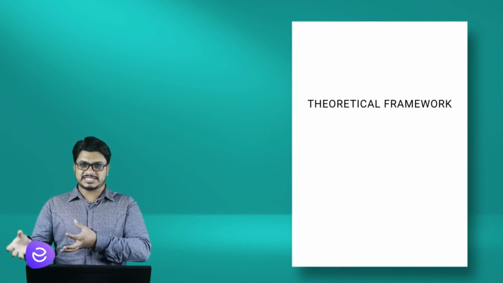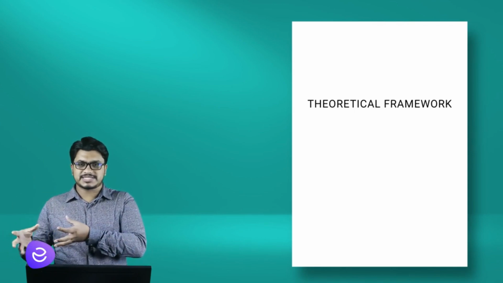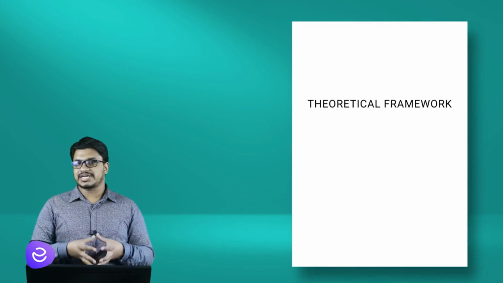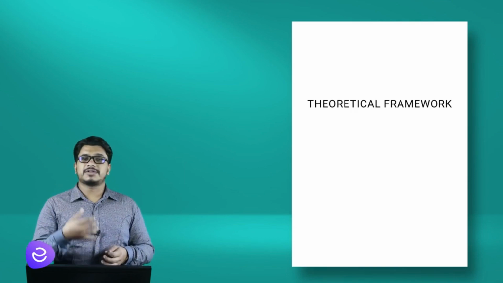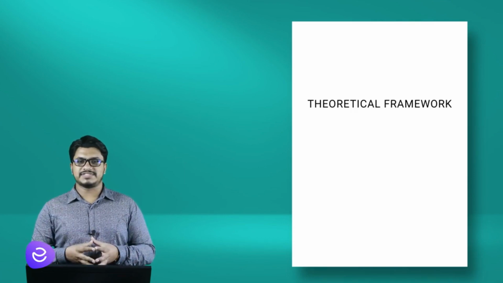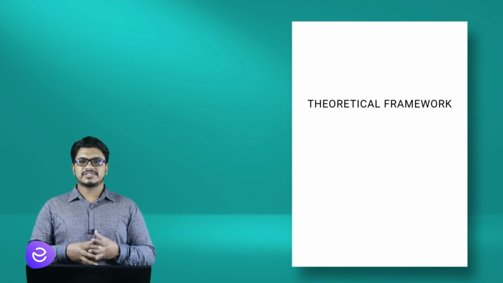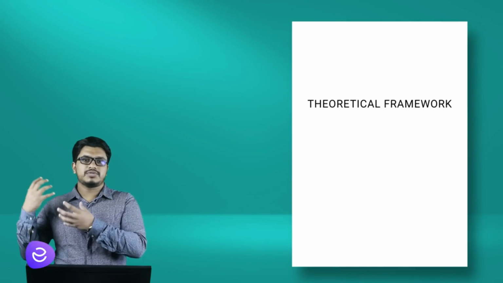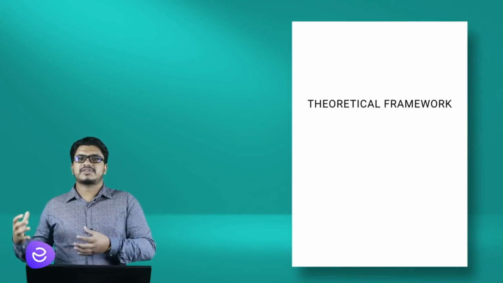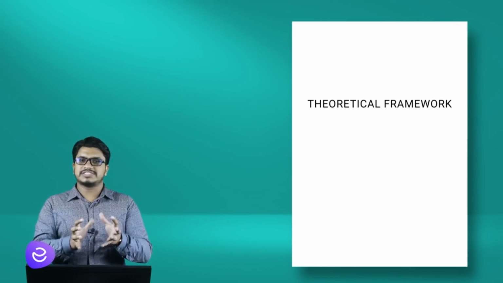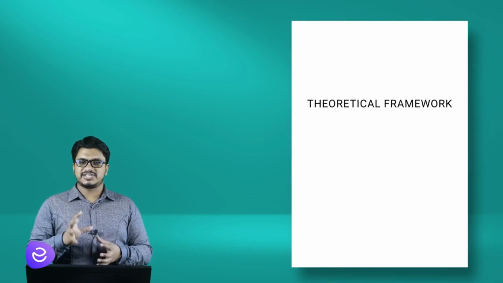Just like how theories come in a textbook, you'll have to explain your concepts in this theoretical framework. For example, if your research is about banking services, then you'll have to write about what a bank is, what the different banking services are. Just like how the topics are covered in a textbook, you'll have to write about the concepts in your research in this chapter.